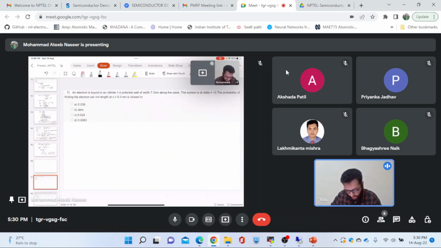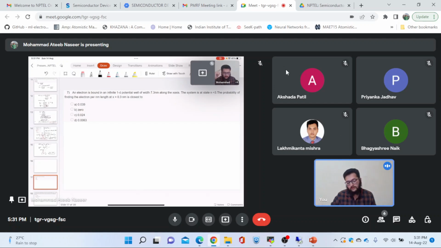Now let's move to the seventh problem. It states that we have an electron which lies in the 1D potential well, and its width along the x-axis is given to be equal to 7.3 nanometers.